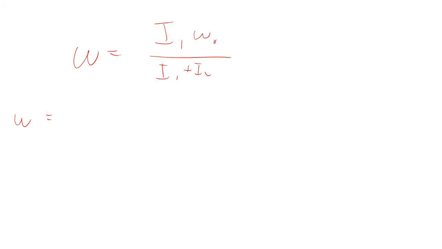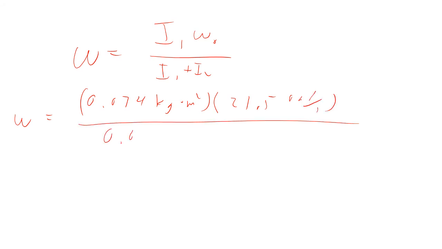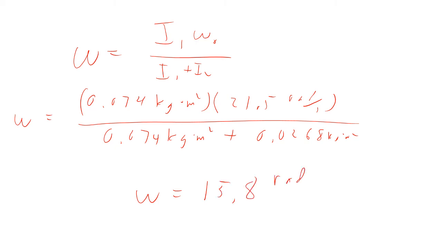So that's going to be equal to 0.074 kilogram meter squared times 21.5 radians per second divided by 0.074 kilogram meter squared plus 0.0268 kilogram meter squared. So the final omega is 15.8 radians per second.